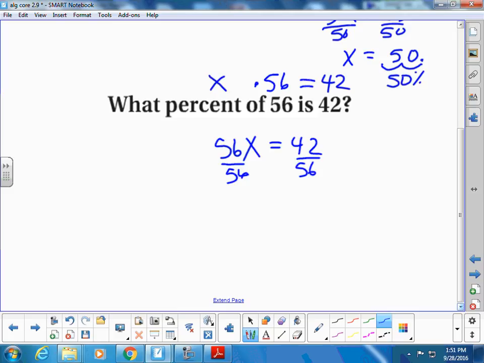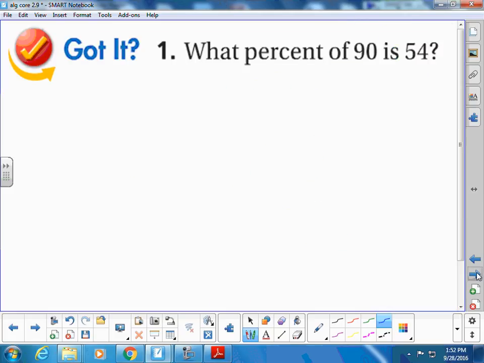And 42 divided by 56 equals 0.75. So either you multiply this by 100 or you move the decimal over 2. So that is 75%. So what percentage of 56 is 42? It's 75% of it. You will go ahead and try this one and then check with us.